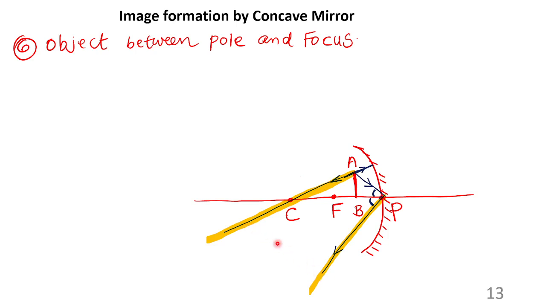So the point of intersection of the 2 reflected rays will be the image A dash. These are the 2 reflected rays starting from A. Understood? Will they meet in the left side? No. If you extend, these 2 rays will never meet, because the gap between the rays is increasing.